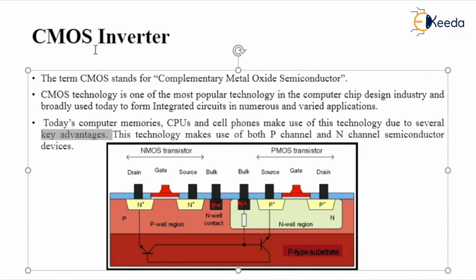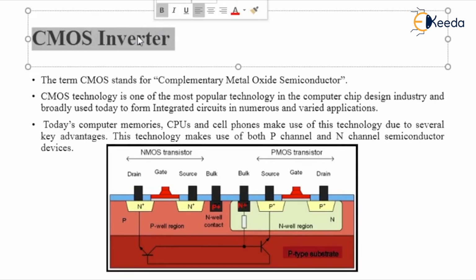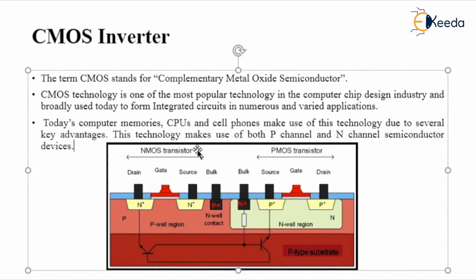This technology uses both the P channel as well as the N channel semiconductor device. So we can say that the CMOS inverter is nothing but the combination of PMOS as well as NMOS.